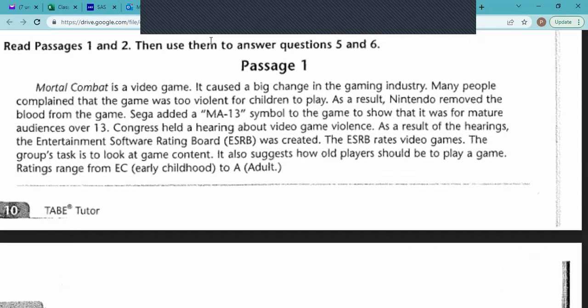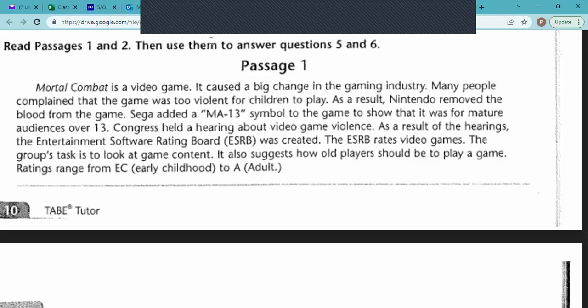Sega added a MA13 symbol to the game to show that it was for mature audiences, MA, over 13. Congress held a hearing about video game violence. As a result of the hearings, the Entertainment Software Rating Board, the ESRB, was created.